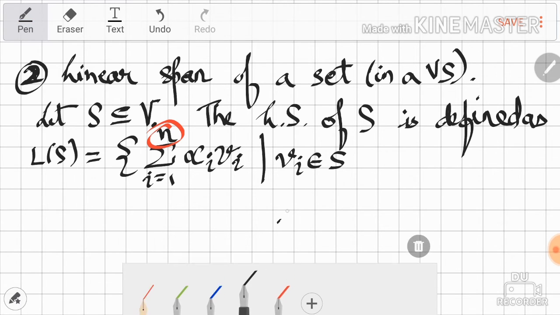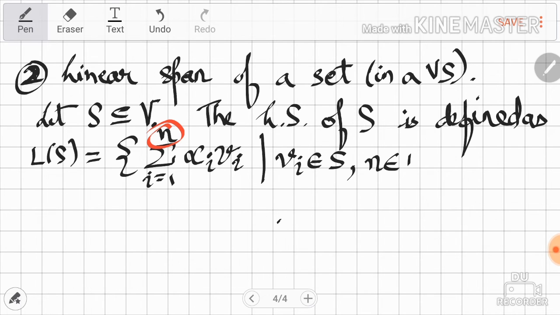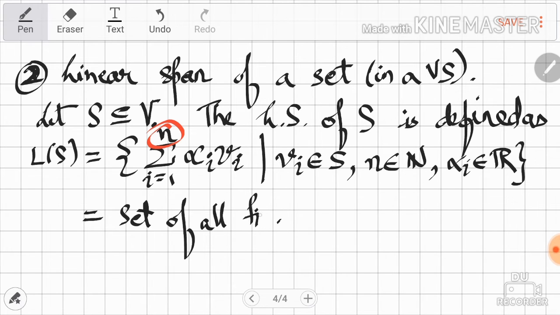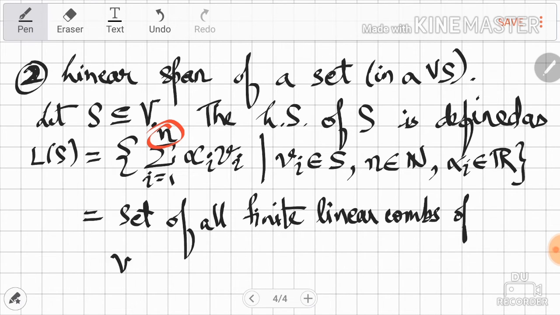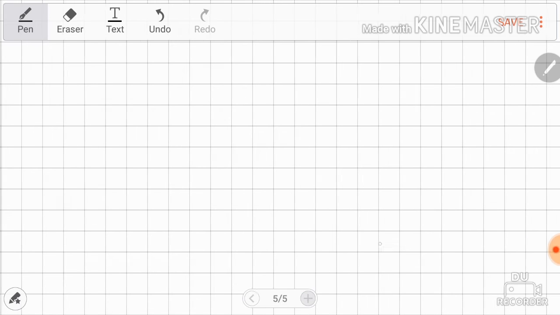This n can be any natural number. And what are these alpha i's? These alpha i's are simply scalars taken from the set of real numbers. So you can also say that it is a set of all finite linear combinations of vectors from S.